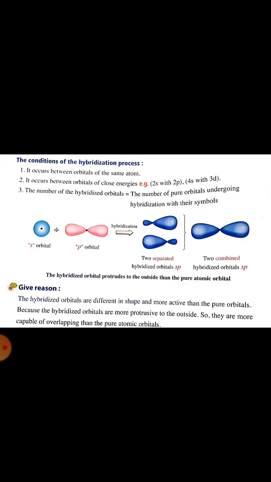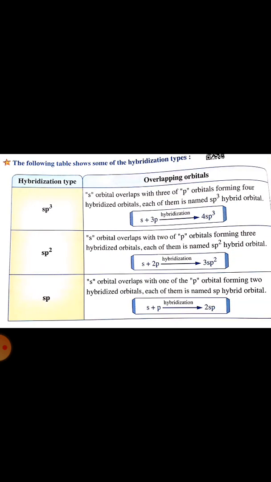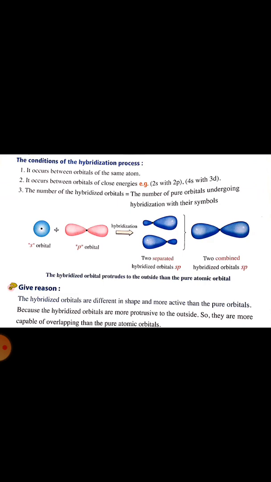The number of hybridized orbitals equals the number of pure orbitals that undergo hybridization. Say, for example, here the hybridization between 1s and 1p, 1 and 1, so we're going to get two hybridized orbitals.